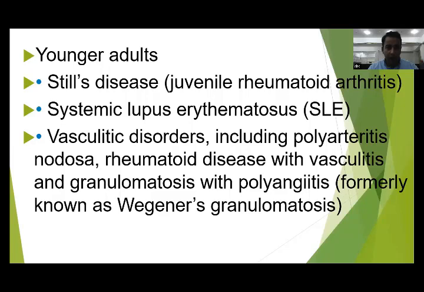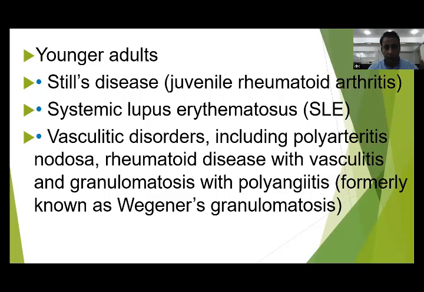Salmon color rash is specific for Still disease, and Still disease is always a favorite topic of examiners. SLE is very common in females, but never underestimate SLE in a male. There is some percentage of SLE in males also.